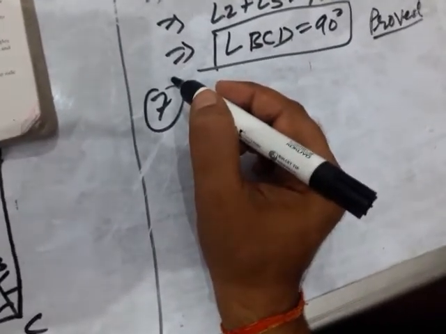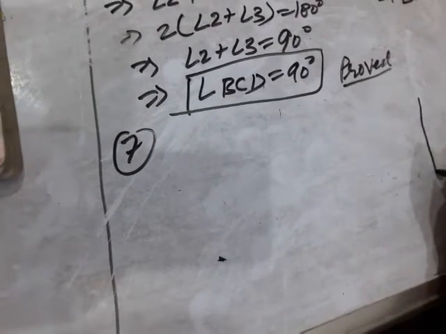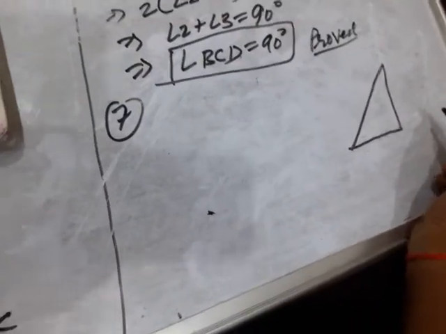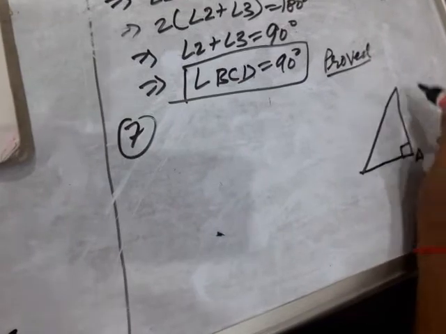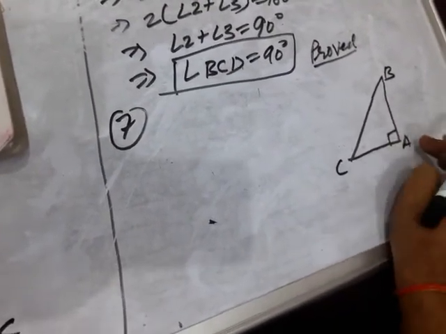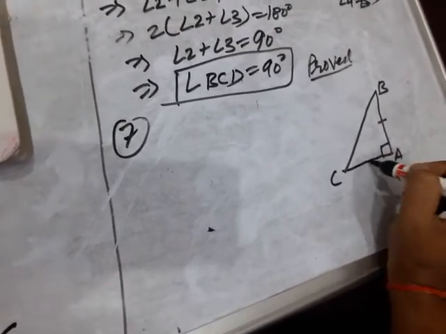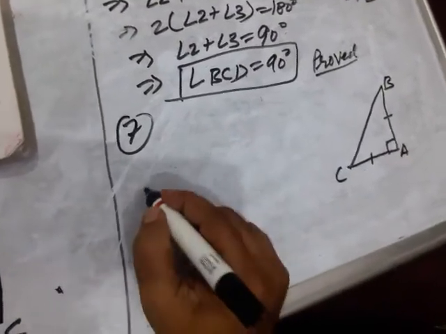ABC is a right angled triangle in which angle A is 90 degrees and AB equal to AC, that is given.